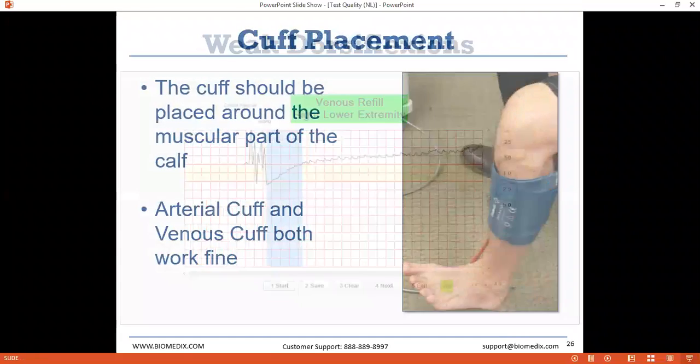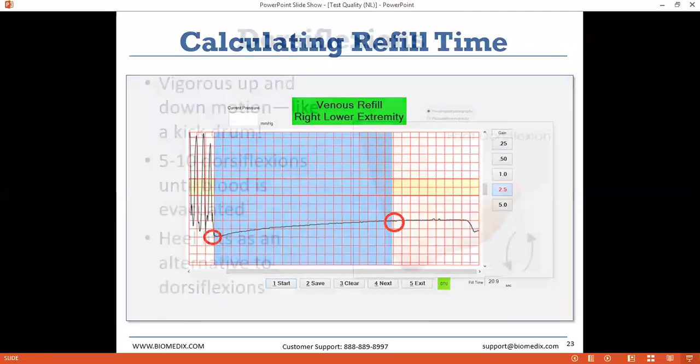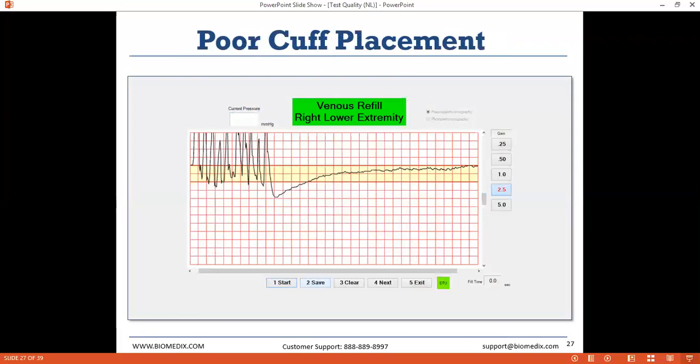Doing just a quick comparison between these dorsiflexions, where we're moving way up and way down below the baseline, and these dorsiflexions, they're a lot more pronounced, but we're not evacuating a lot of blood. The reason for that is that there's just not a lot of blood. There's not a lot of cross-sectional area in the ankle, which means you're not doing a very good study of what's going on with the patient's blood flow in and out of the leg.